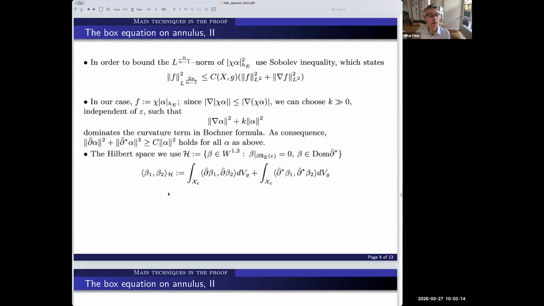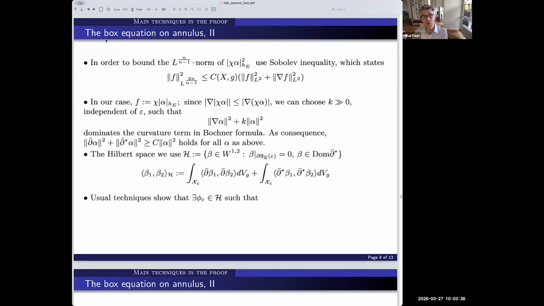And on this space, the scalar product will be given by simply taking the dbar of each one of them, take the bracket, and then the dbar star. Okay, this is indeed positively well defined because of this inequality here.